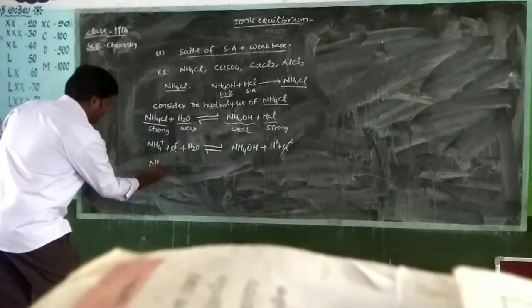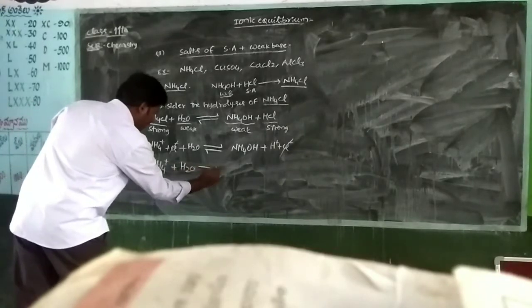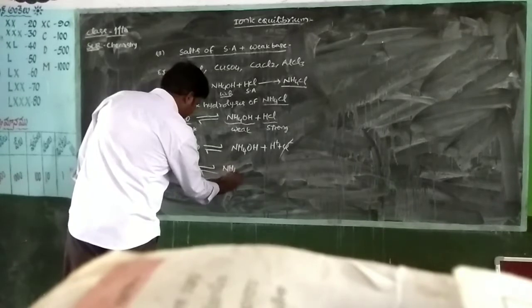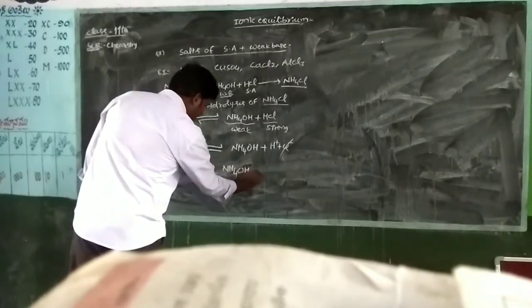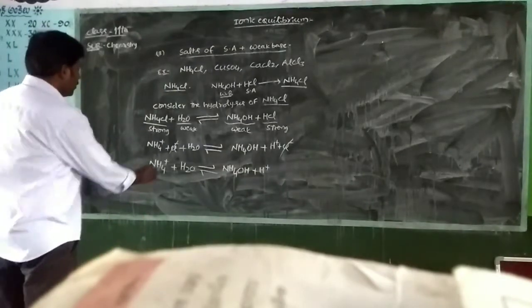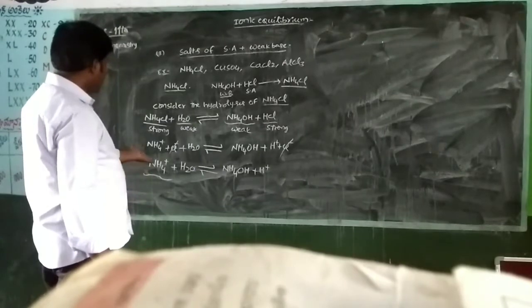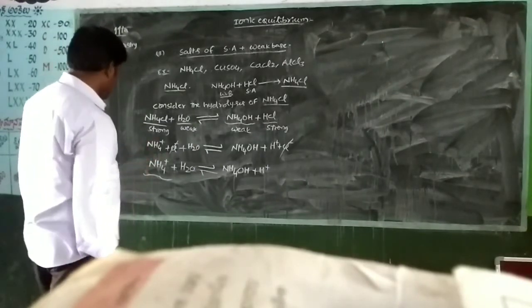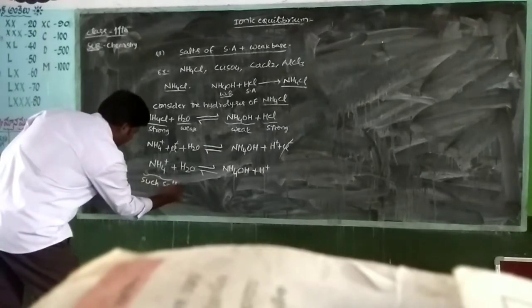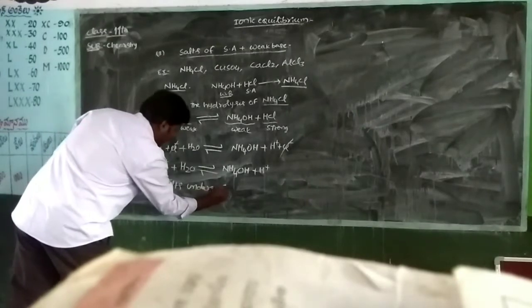You can write NH4 plus H2O to get the NH4OH plus H plus. Only cation. Such salts undergo cationic hydrolysis.